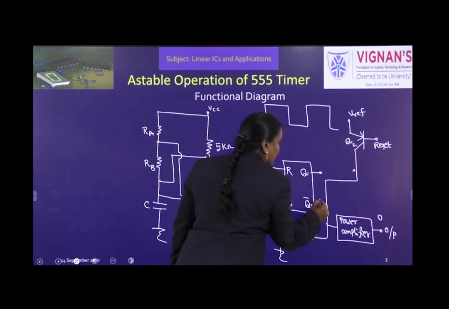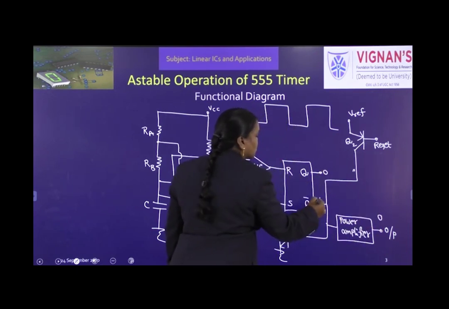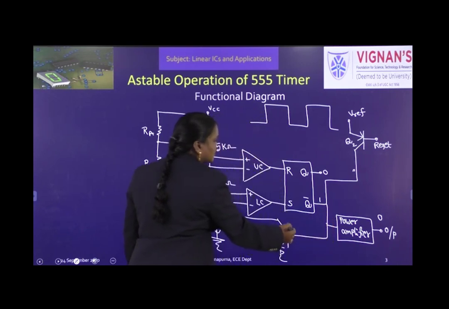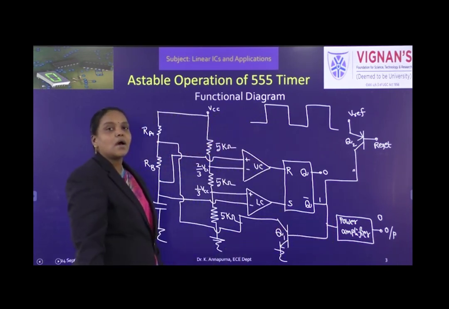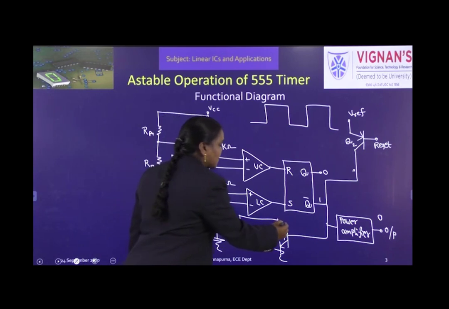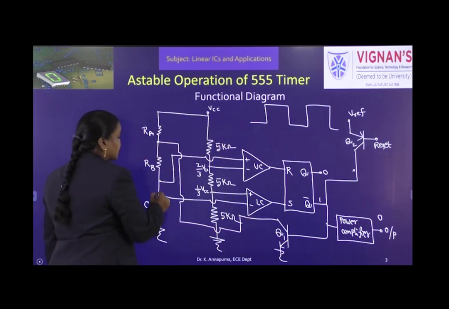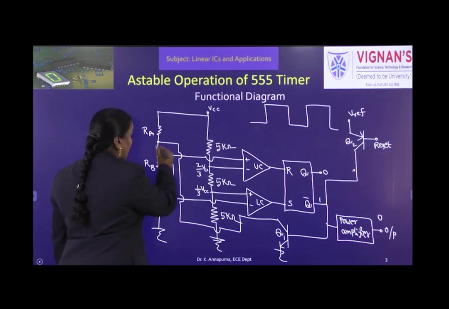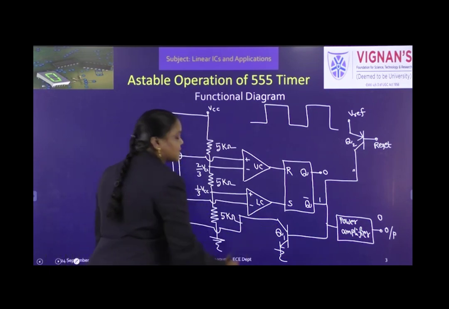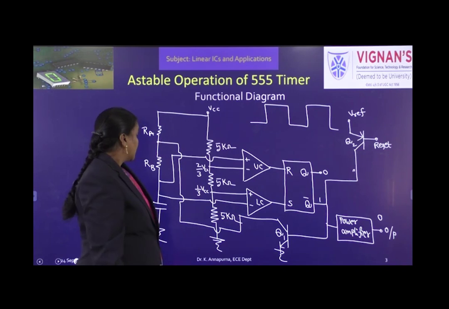So Q bar is 1, Q is 0. So this is 1, which means this transistor will be in on condition. So this capacitor starts discharging through RB and the on resistance of Q1.